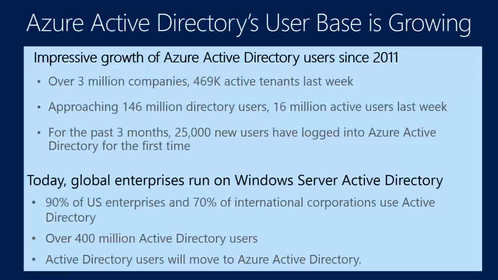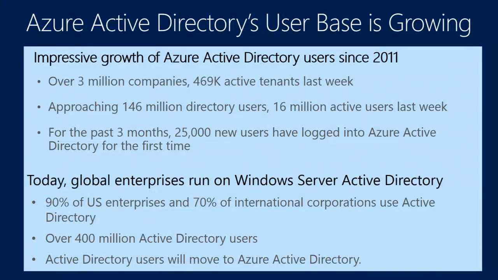And also, Active Directory on-premise is very successful. You can see the numbers there in terms of the number of companies that have adopted both in the US and internationally, and the number of millions of active users on Active Directory. These two directories have a very tight relationship, the on-premise one and the cloud.